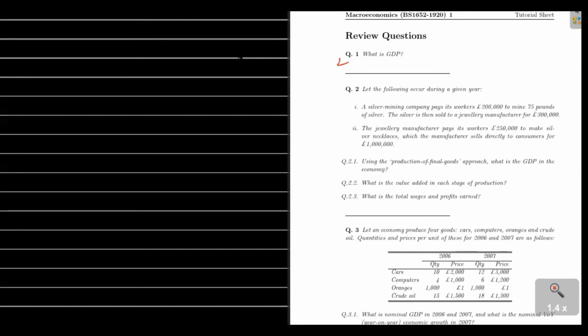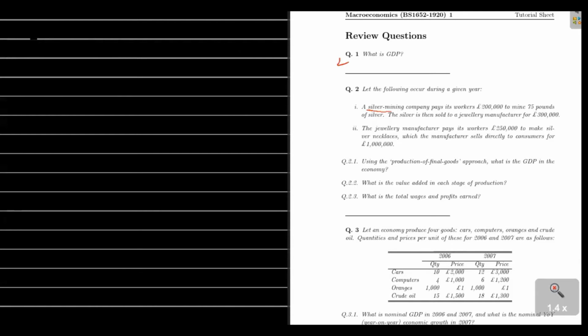Moving to the second question, we have an economy with two firms. Firm 1 is a silver mining company, where they mine silver and pay their workers.